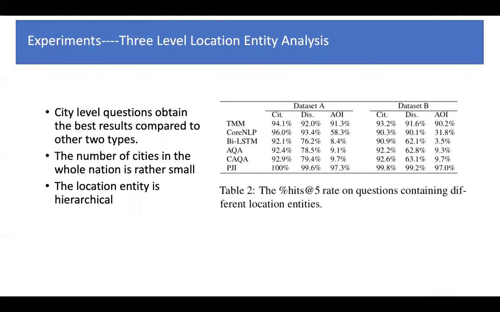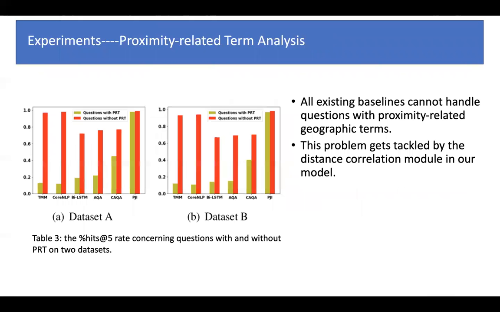Table 2 shows the hits at 5 rate on questions containing different location entities. From the table, we can see that city-level questions obtain the best results compared to the other two types. This is because the number of cities in the whole nation is rather small, and the location entity is hierarchical.